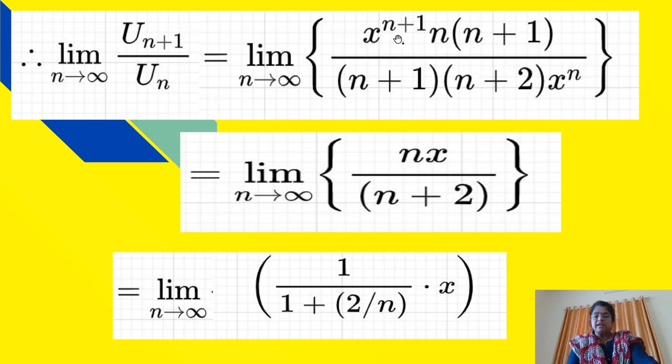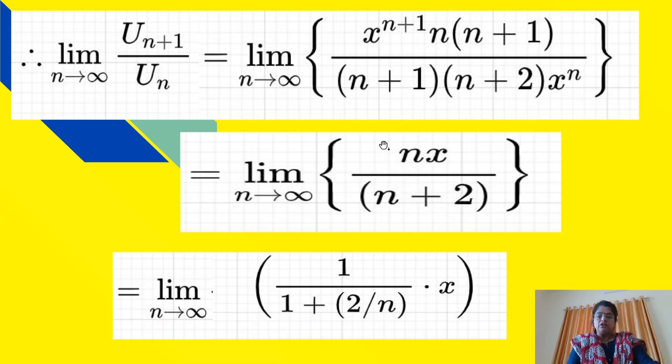Now here x raised to n plus 1 divided by x raised to n, that part will be equal to x. This n plus 1 and n plus 1 will get cancelled, and therefore the remaining part will be limit n tends to infinity n into x divided by n plus 2.